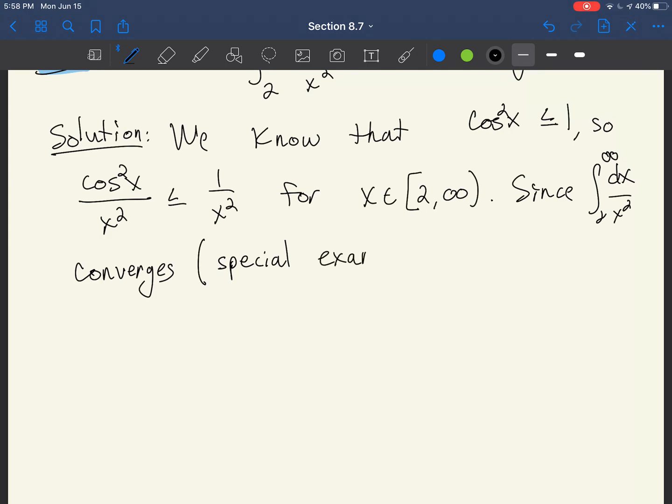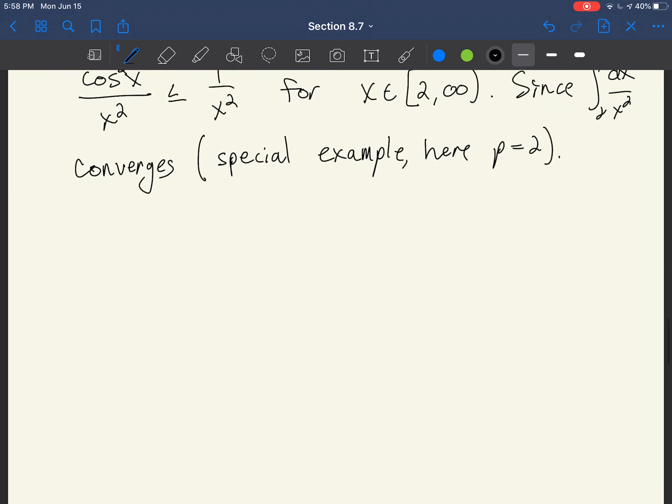Why is this? This is because of the special example. Here we have p equals 2, which is greater than 1, therefore it converges.